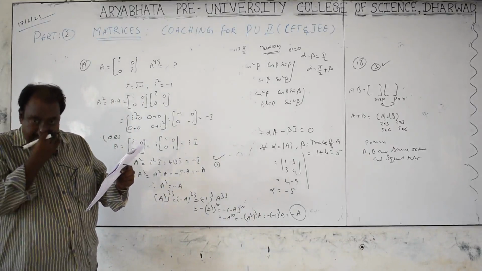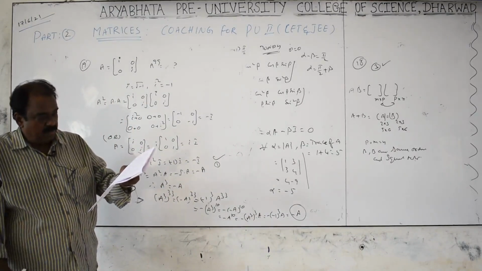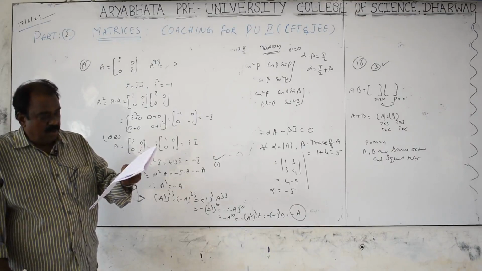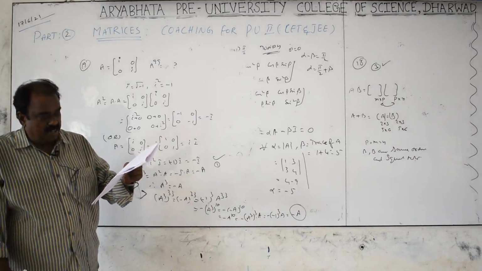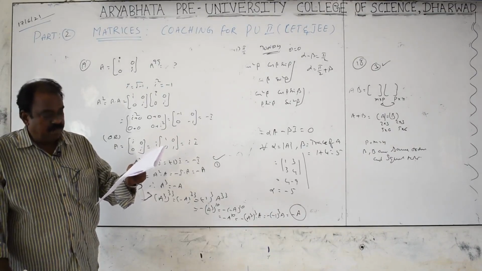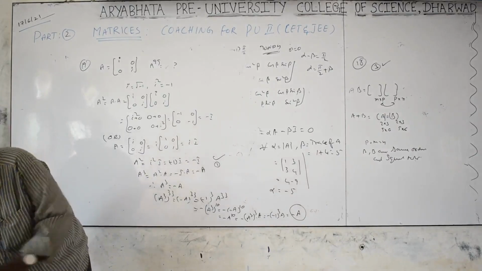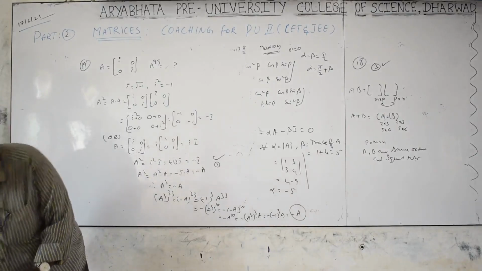Twentieth problem. Capital A is a 3 by 2 matrix. Capital A order is given 3 by 2 matrix such that a ij is equal to (i plus j) by 2 is given. Then what is capital A?